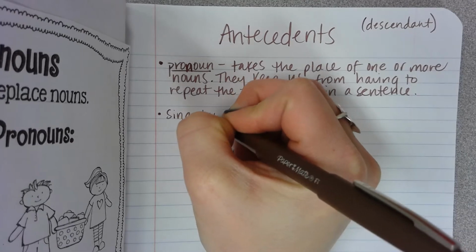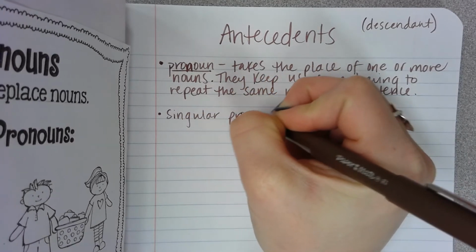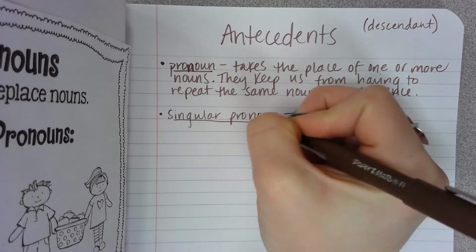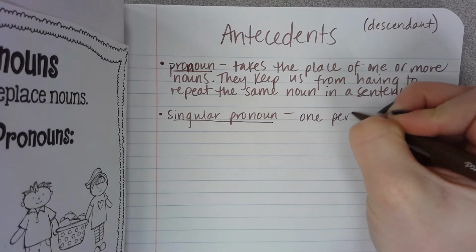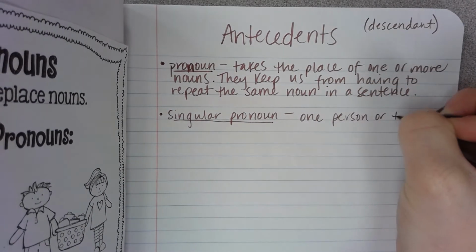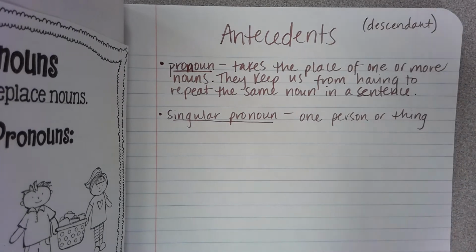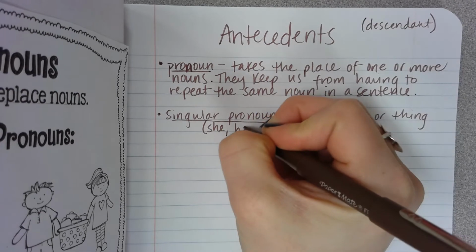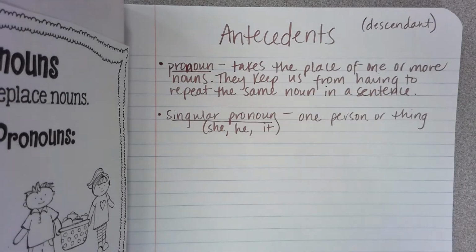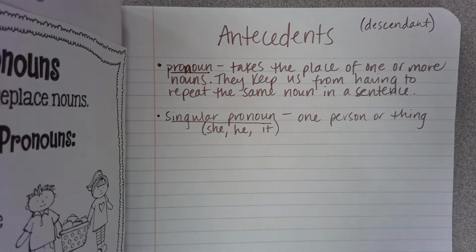And obviously we know what the word singular means. So singular pronoun, it's just one person or thing. Okay, she, he, it, just one person or thing.